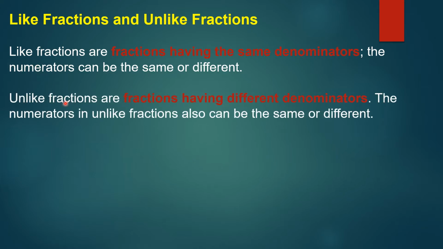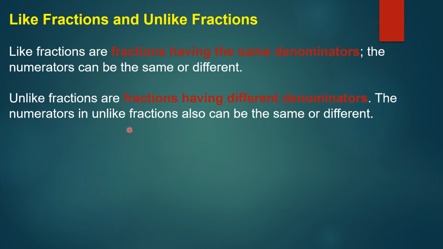And unlike fractions are fractions having different denominators. So in this case also we have to see the value of the denominators. When we are comparing two fractions and saying whether they are like fractions or unlike fractions, if the denominators are different, then straight away group the fractions under unlike fractions. And then what about the numerator?